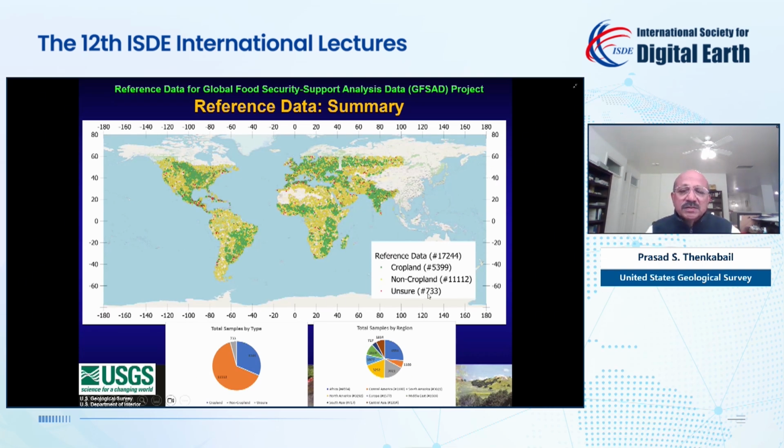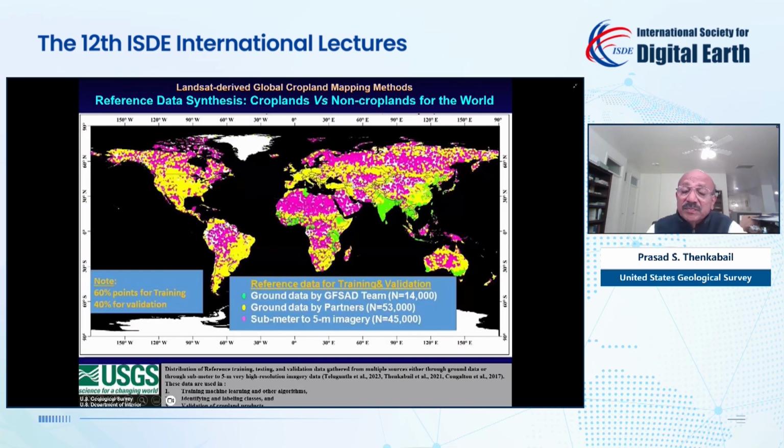And unsure: when an interpreter is not sure about a sample, that also we classify as unsure. And we have samples distributed, for example, for Africa, North America, and all that kind of thing. And here is also the distribution from the ground data.